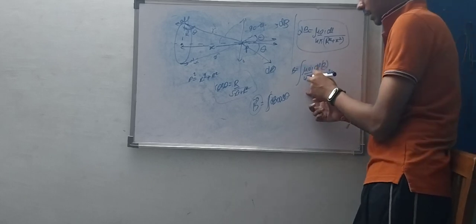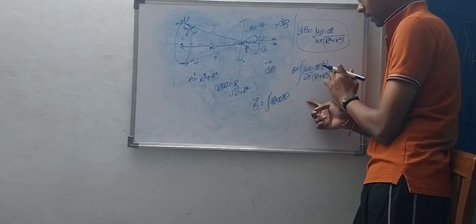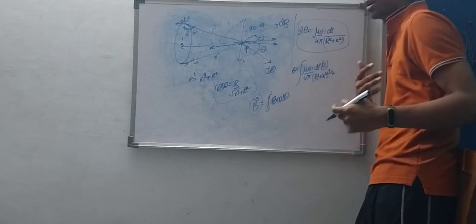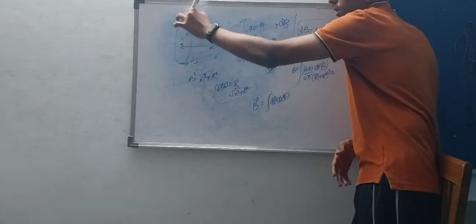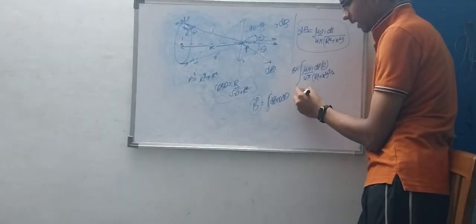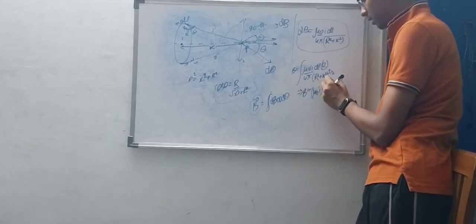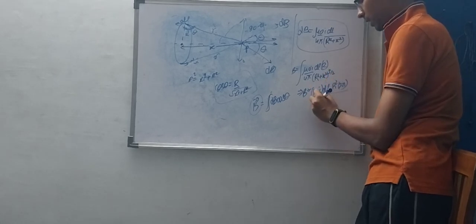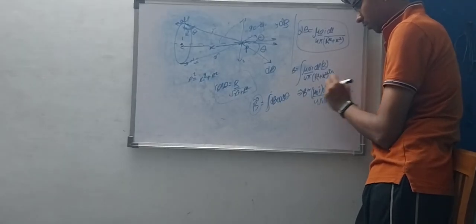Now we see that when we integrate this, of course all of these, mu naught I by 4 pi and r square plus x square to the power 3 by 2 and r, are all constants. The only variable over here is dl, and we know from before that integration of dl will just give us back the circumference, because we're adding all these elements. So we get B is equal to mu naught I r square into 2 pi by 4 pi, over r square plus x square to the power 3 by 2.